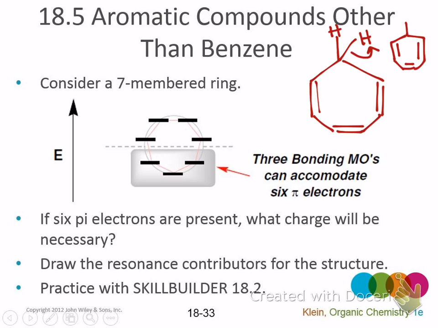I'll put the H up there, put a positive like that. You can form that. That's an aromatic ion. So it's a lot more stable than you predict it to be, and that's actually relatively easy to form. Okay?